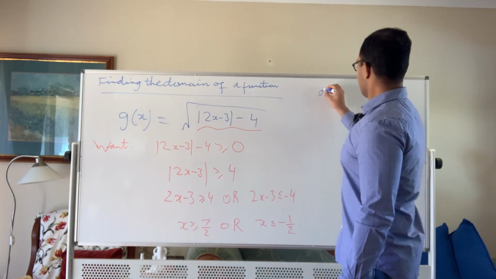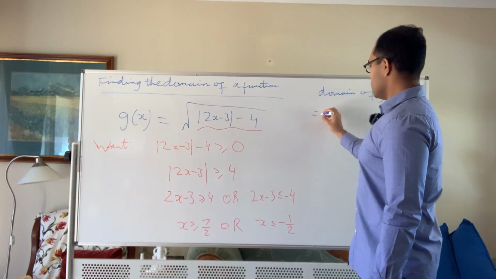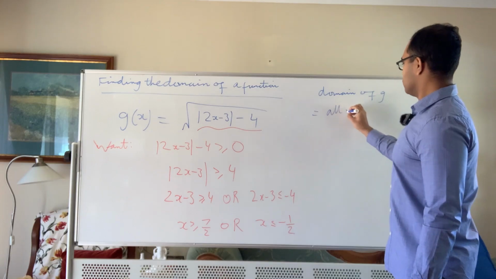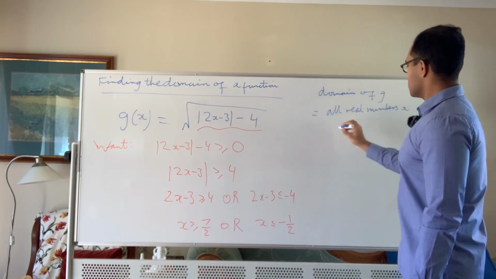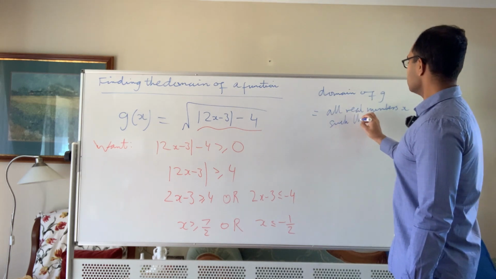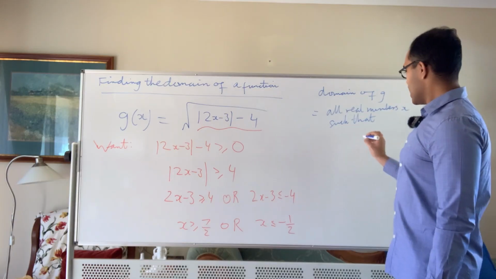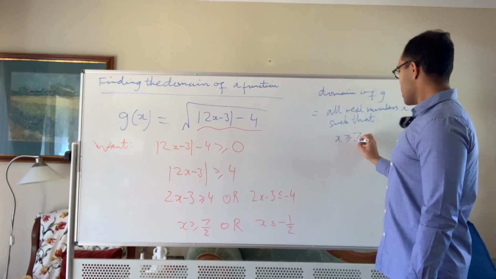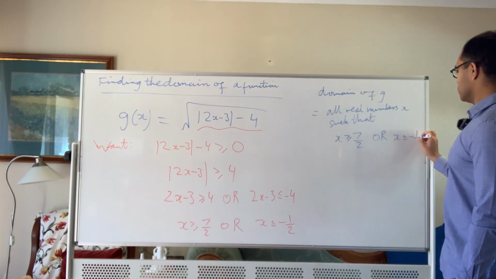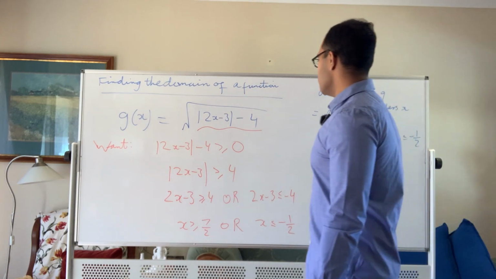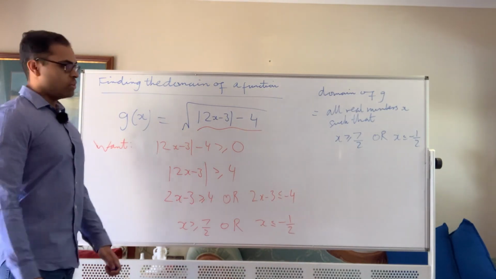So the domain of g is going to be all real numbers x such that x is at least 7/2 or x is less than or equal to -1/2. Okay, so that's going to be the domain of our function g.